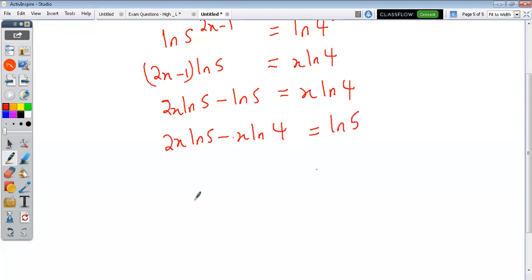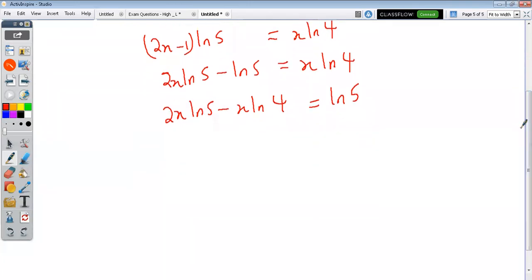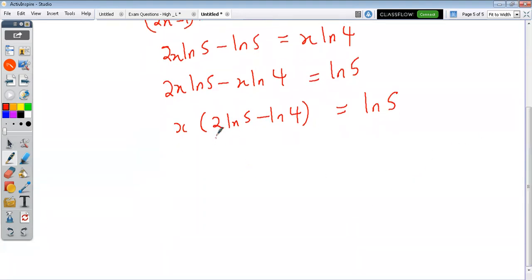Then I factorize here. So if I factorize, I'm going to have x brackets 2 ln 5 minus ln 4 is equal to ln 5, like that. Then we can even divide both sides if we want, so that we find the value of x.